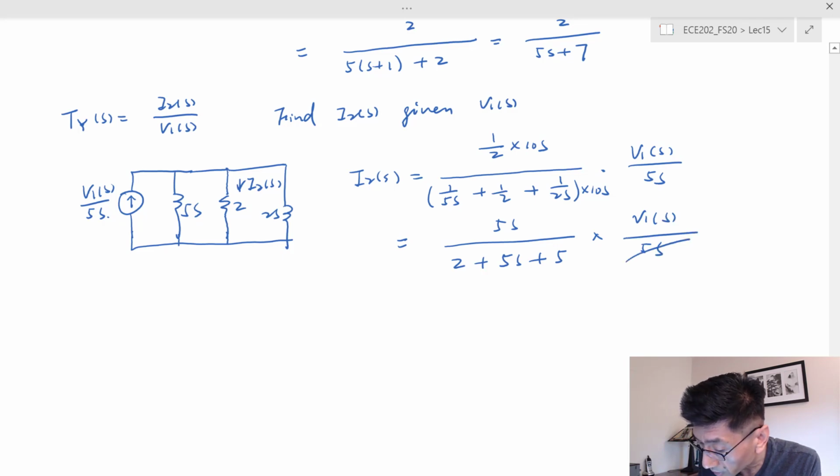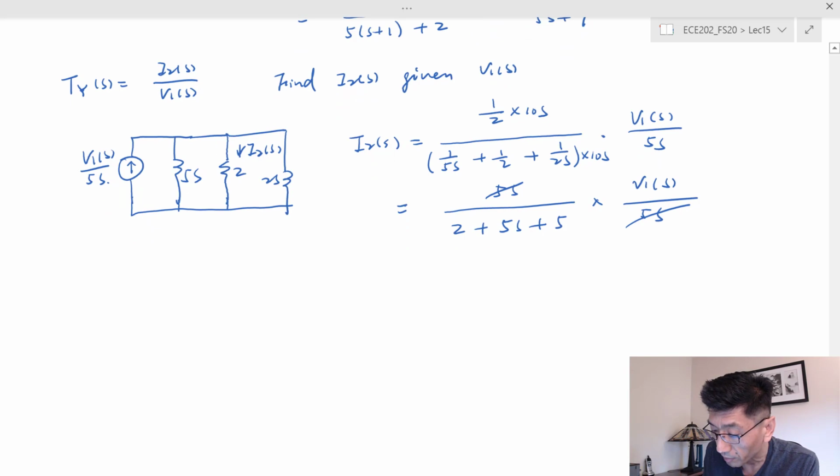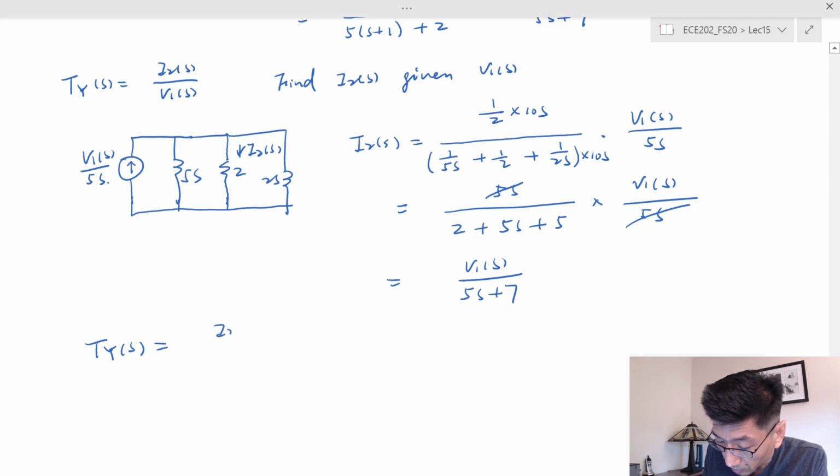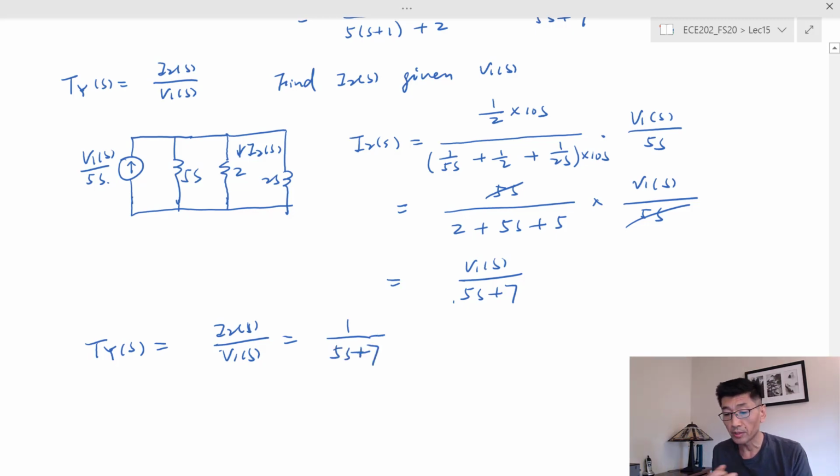So this 5s is going to be cancelled. I got a 5s plus 7. So I got V1s over 5s plus 7. Therefore, the transfer admittance T sub Y s is equal to I sub 2s over V sub 1s. That's just equal to 1 over 5s plus 7, right? So this is the transfer admittance.